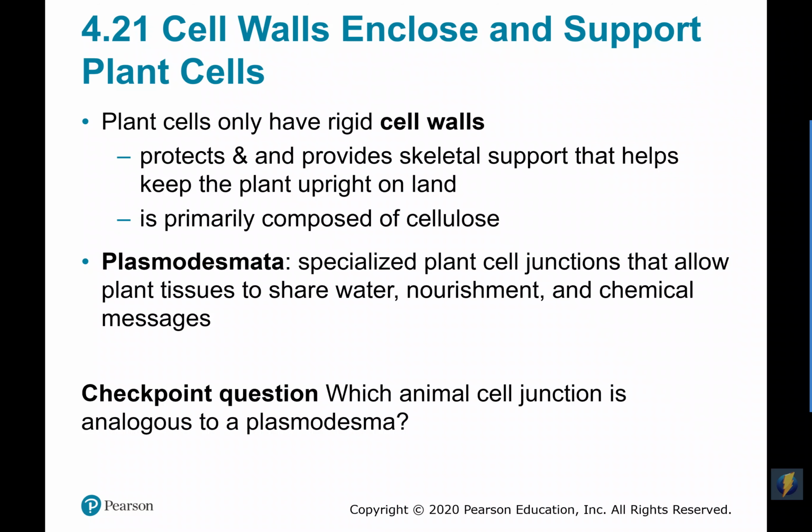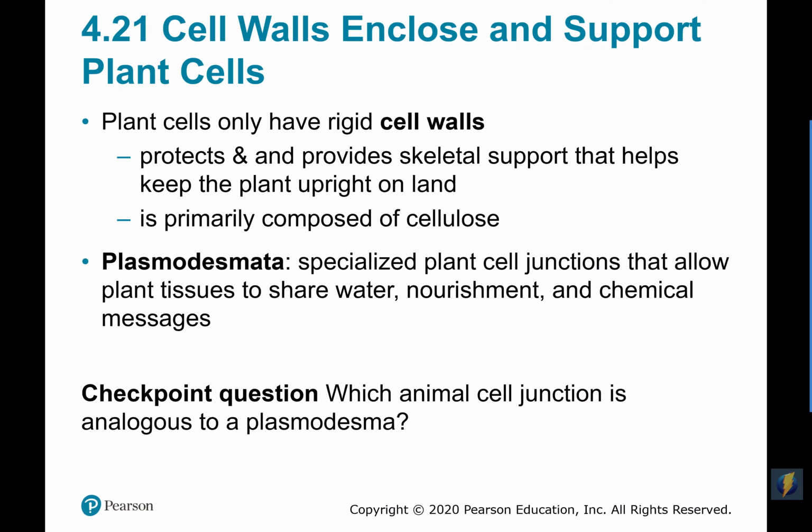If you've ever looked at the stem of a rose, it's pretty floppy. We need a little bit of extra support, and so we get these cell walls made of cellulose.